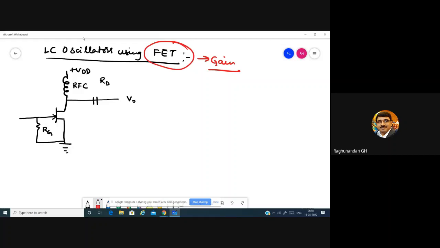Why is this radio frequency coil used? Here we are expecting a sine wave, some AC signal at the output, because we are talking about oscillators. Here again the same problem: there can be a mixture of VDD with the output.